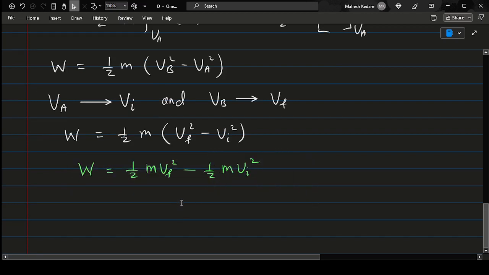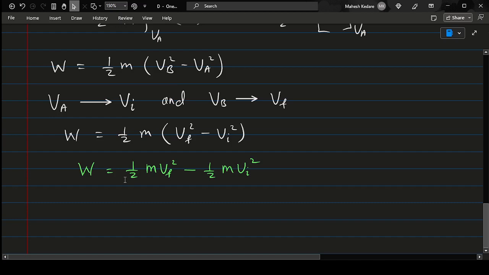We know that the energy is a capacity to do work. If the work is done on a particle, it must have been done at the expense of energy by some external agent. External agent loses the energy, and that energy is utilized in doing this work on a particle. So the external agent which does the work has lost the energy, and that energy has transferred to the particle upon which the work is done.